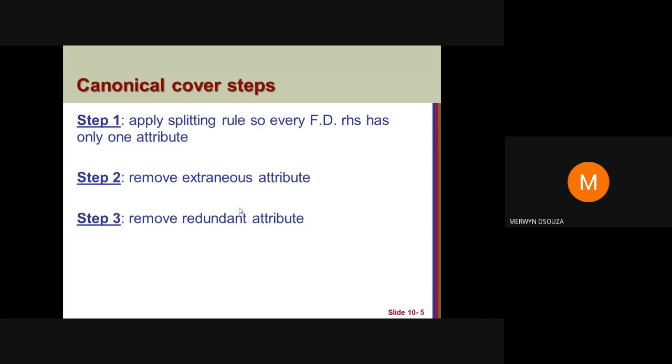In step 2, you will try to remove extraneous attributes, if any. In the third step, you will try to remove redundant functional dependencies. We'll see how to apply these steps with a problem.